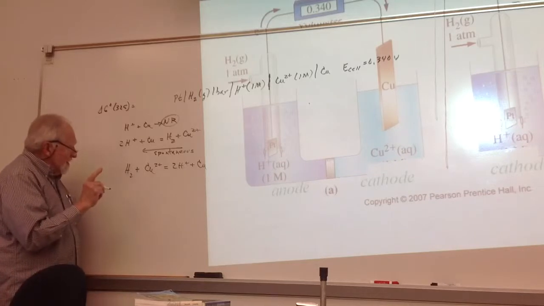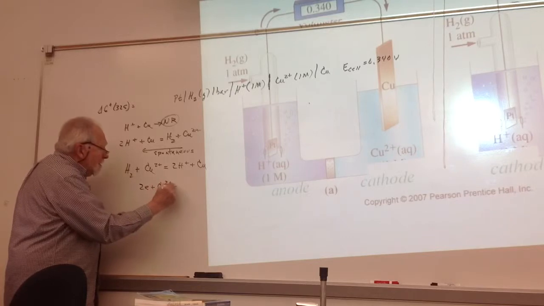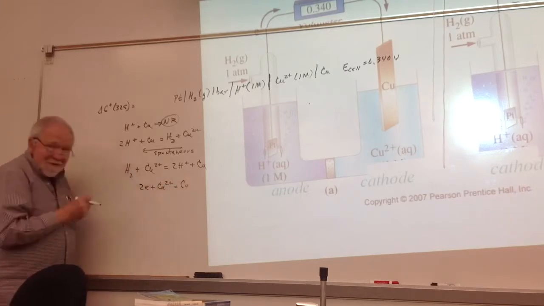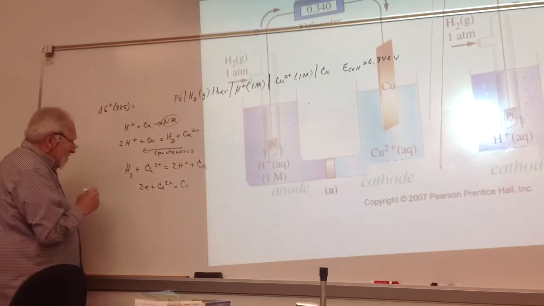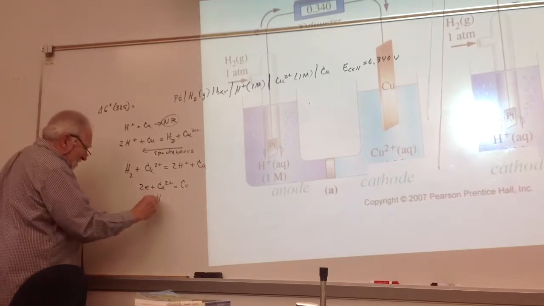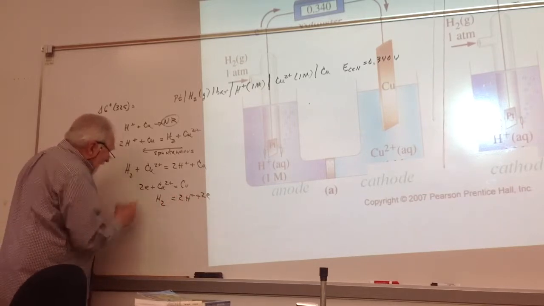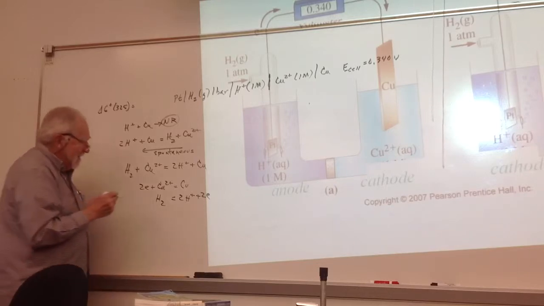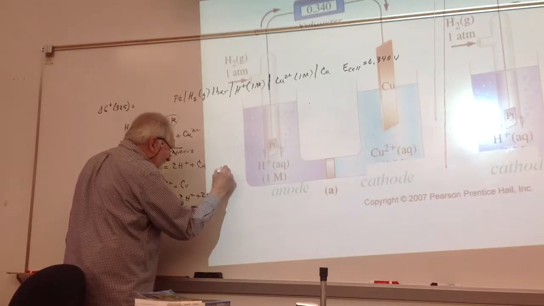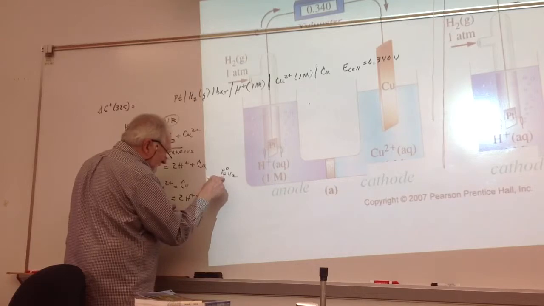And it says, there's one of my half reactions. Right? What's my other half reaction? I add them together and I get that for my spontaneous reaction. I'll draw a column here, E0 for each half.